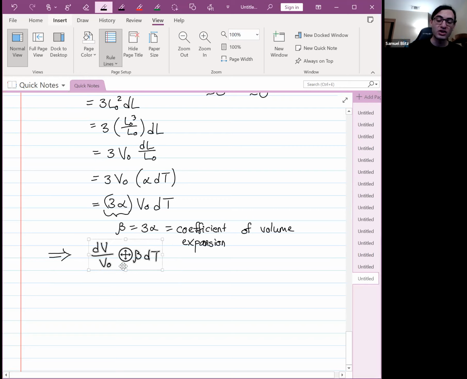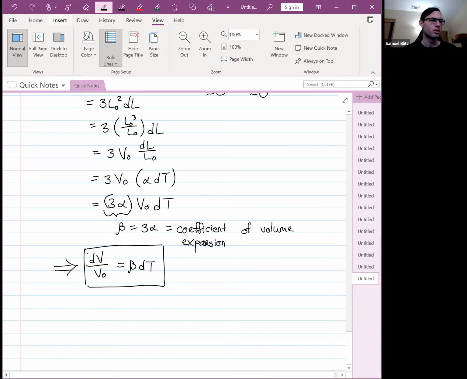And so for small changes in volume, you could write this as delta V over V naught equals beta delta T. But this is really only strictly true in the infinitesimal limit. For sufficiently small changes in temperature, it's also a good approximation. And so this tells us that volumes change.